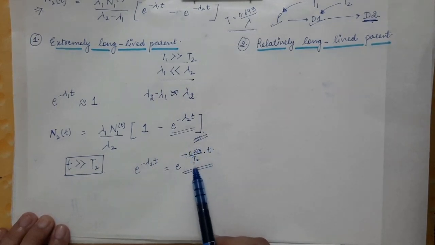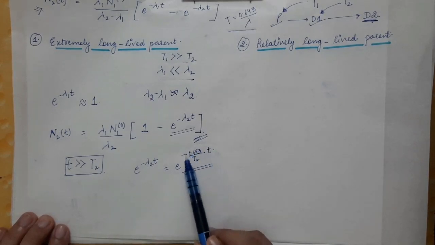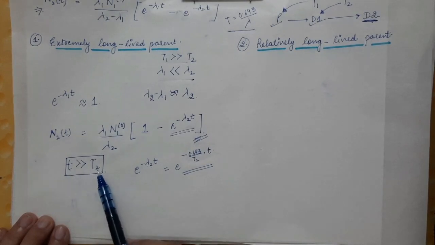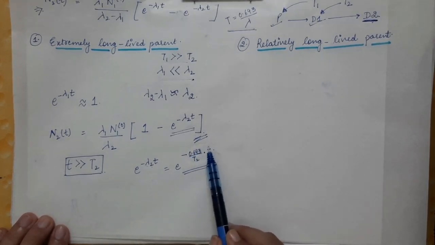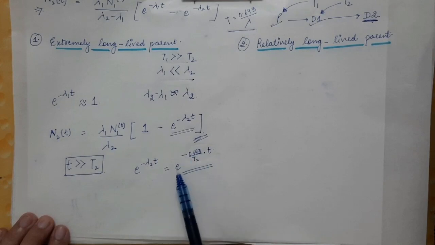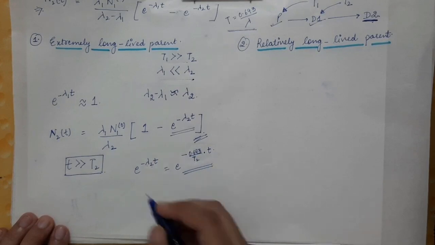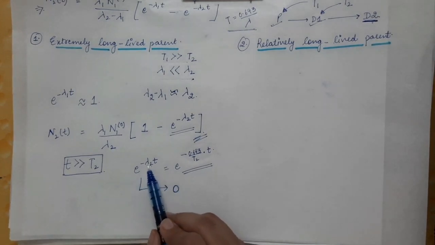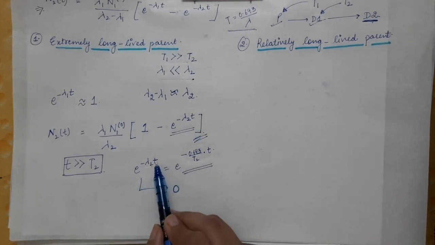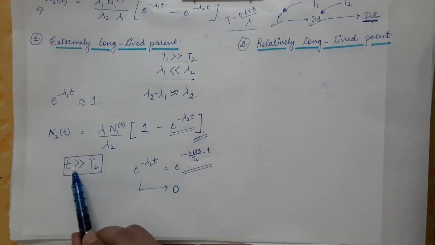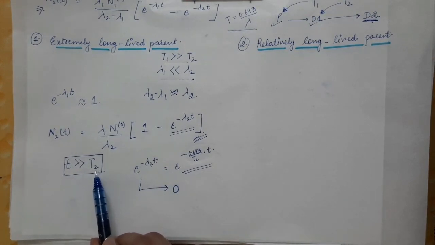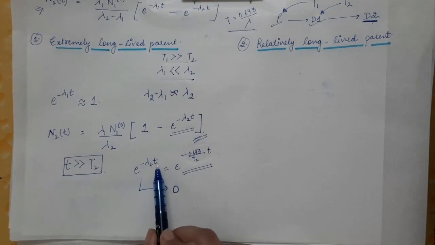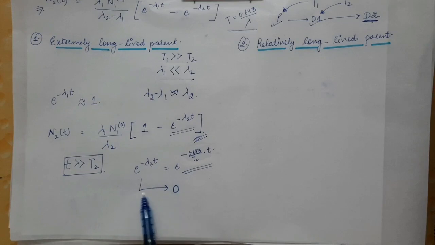So this term will approach infinity, and we have a minus sign over here, and e^(−∞) will approach 0. So e^(−λ2 t), when t is very much greater than the half-life of the first daughter nuclei, will approach 0.